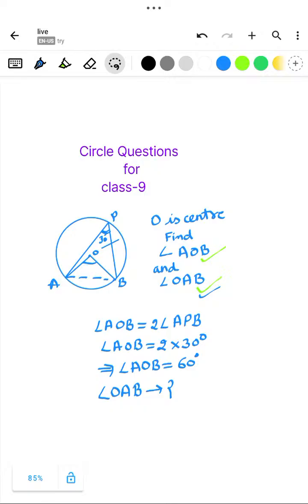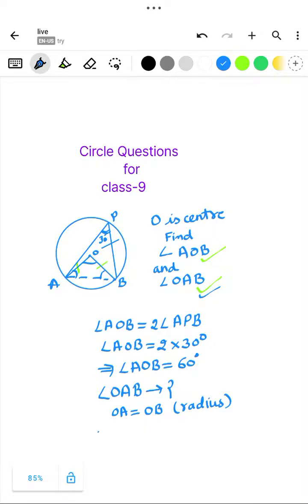This is a triangle and OA is equal to OB. OA is equal to OB because both are the radius of the same circle. So this angle will be equal to this angle, right?